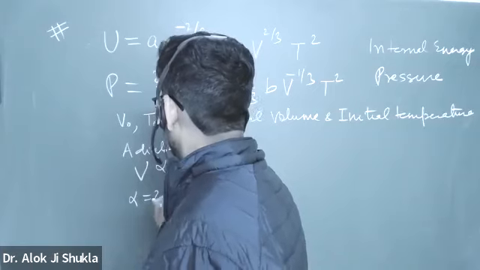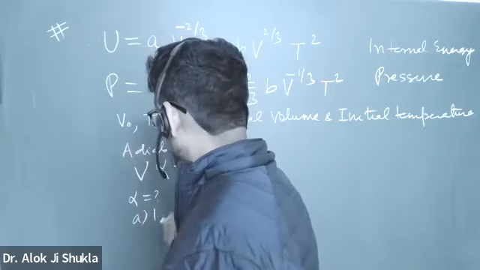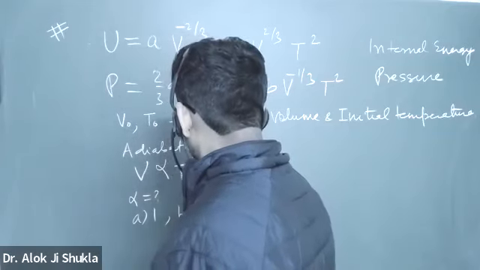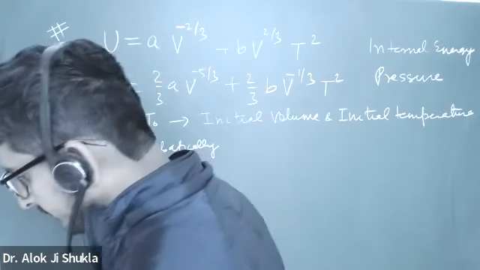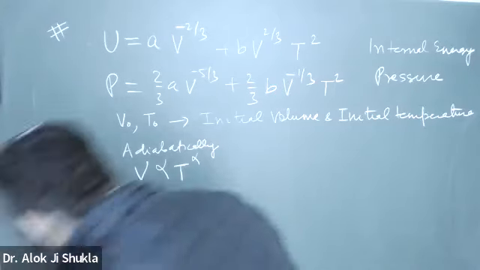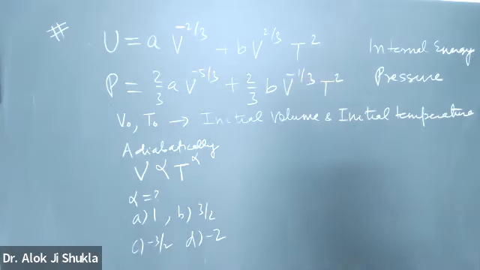Alpha is equal to 1, 3/2, minus 3/2, and minus 2. This is the question.